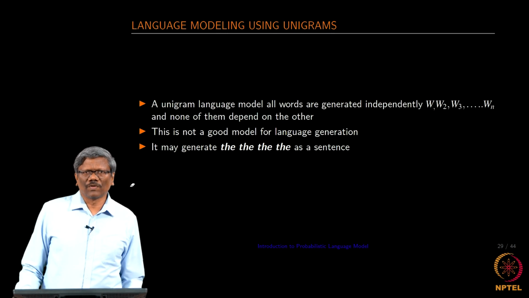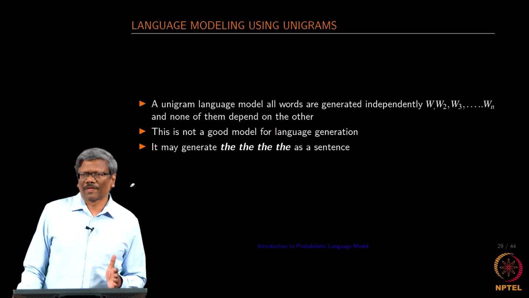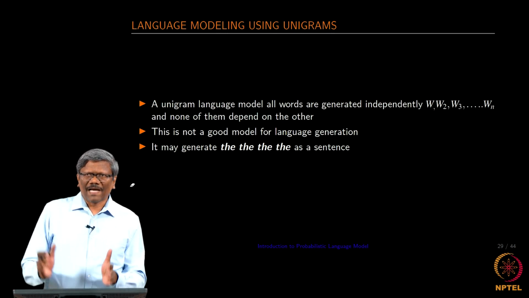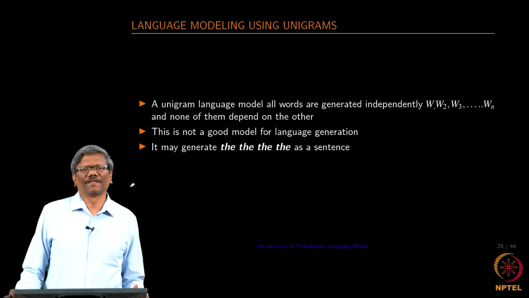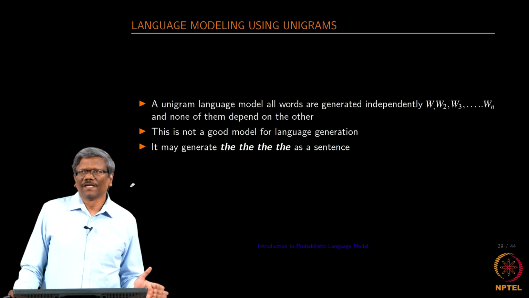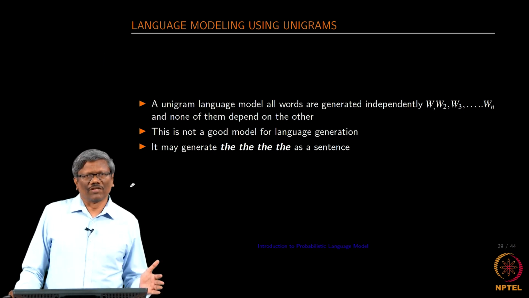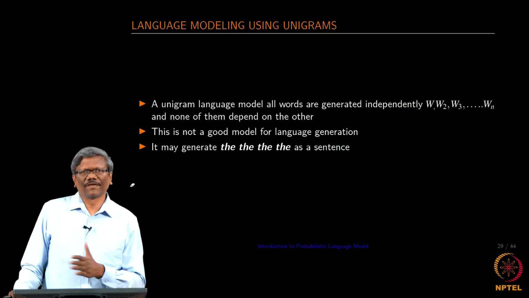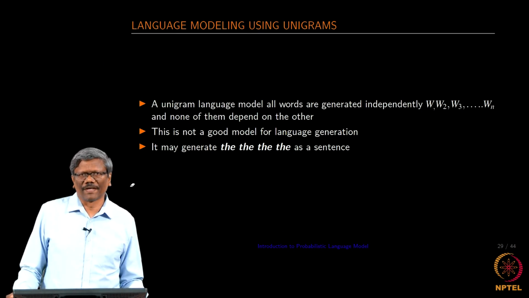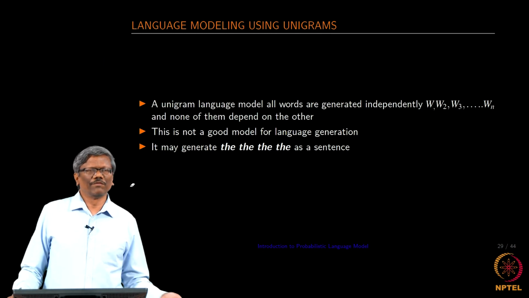As you know well, we are capturing the bag of words and then finding the probability of each and every word in that bag. That means the ordering of the words is lost. So, if you want to generate a sentence using the unigram, how do we do that? Where do we start?